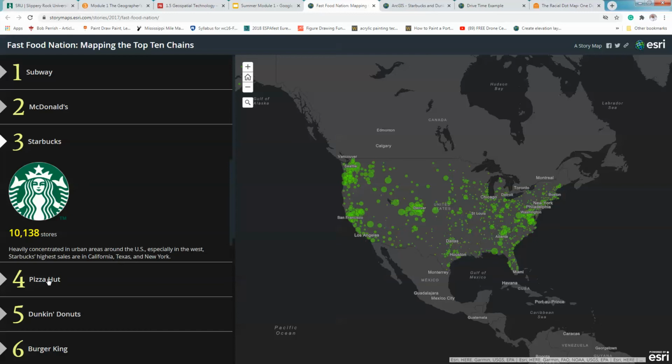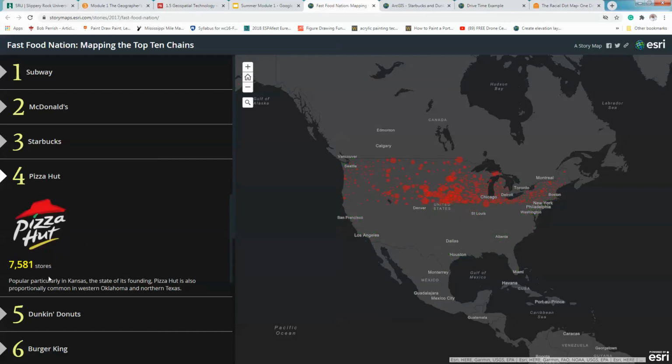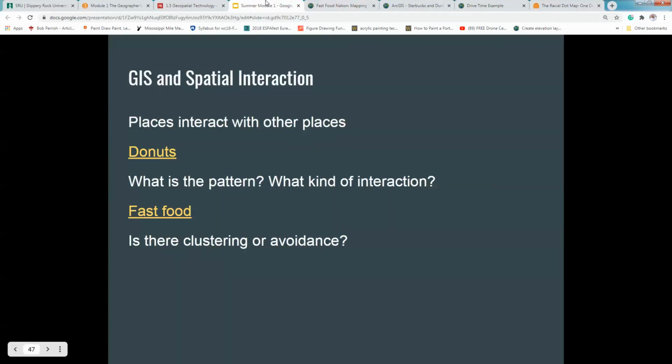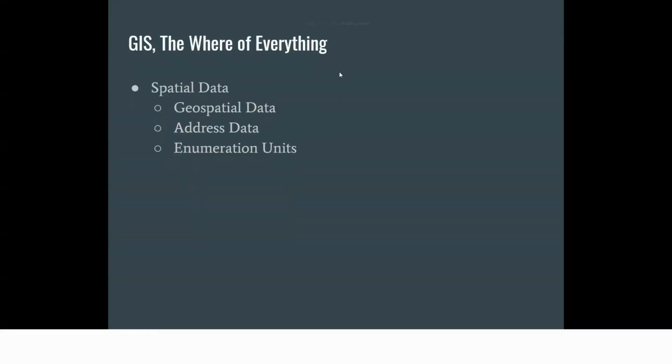Not perfectly similar, as you can see here, but they tend to have fairly similar patterns, and they tend to cluster about things that are like them. In other words, Pizza Huts are around Pizza Huts. So we can think about this idea of interaction and clustering and avoidance. Okay? And as we move through the semester, we're going to get more in detail. But what we just showed you was an example of a geographic information system.